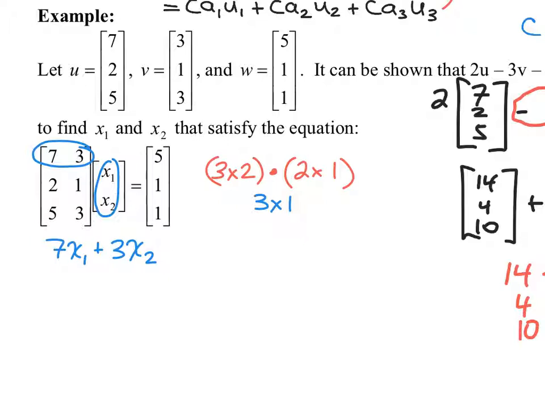All right. So then I would take the 2, 1 and multiply: 2x1 plus x2. And then I would take the 5, 3: 5x1 plus 3x2.